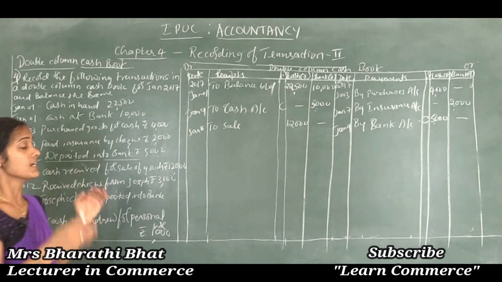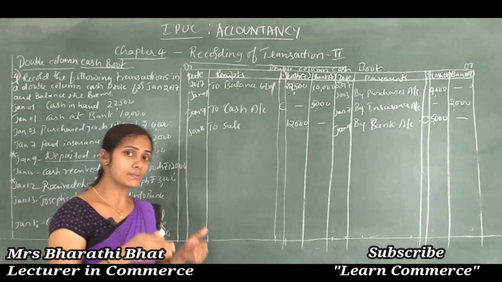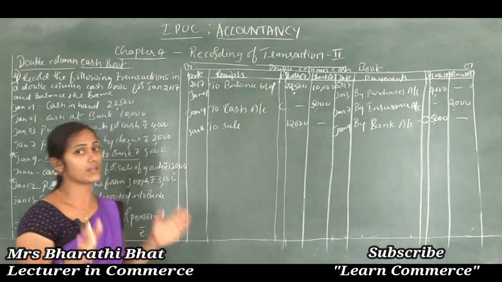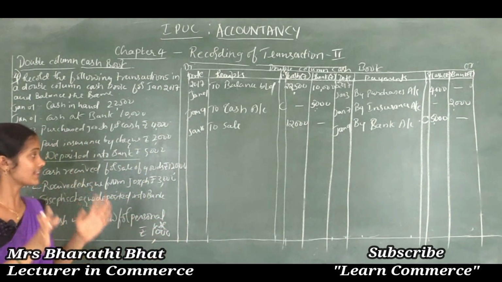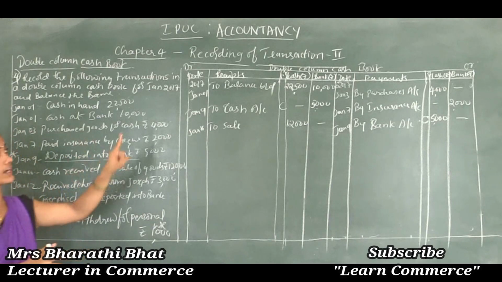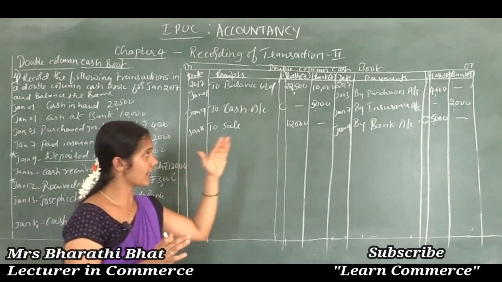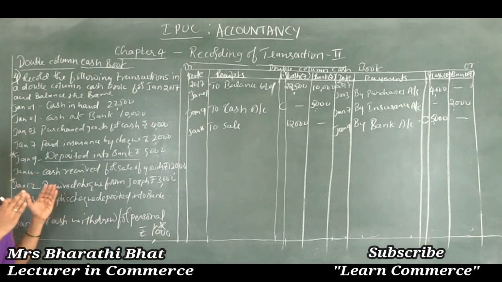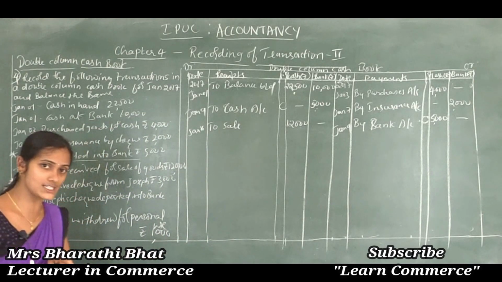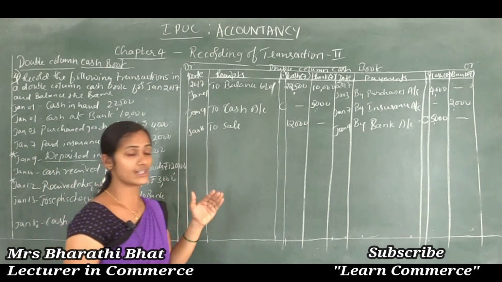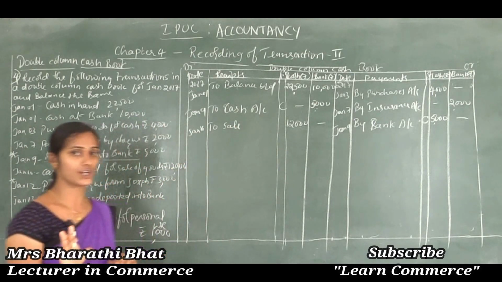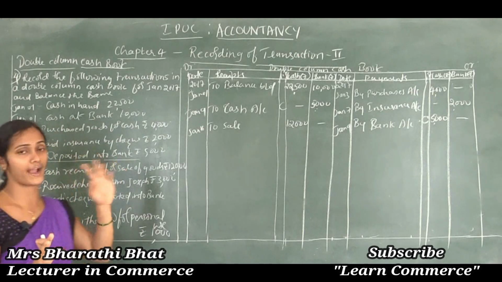Why? Because the check is not deposited into the bank, the check is not transferred to cash. Okay, that's why that amount is recorded under cash column. So if a check received is deposited on the same day, only then can we record that amount under bank column, or else we can't record that check amount in bank column.